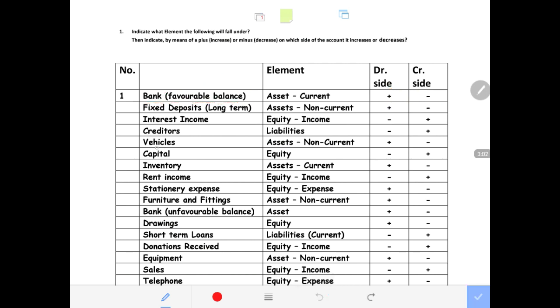Vehicles, being an asset, increase on the debit side and decrease on the credit side. Drawings, which is an equity item, increase on the debit side and decrease on the credit side. Sales, being equity and income, decrease on the debit side and increase on the credit side. So this is a very important template that one might need to have at their disposal.